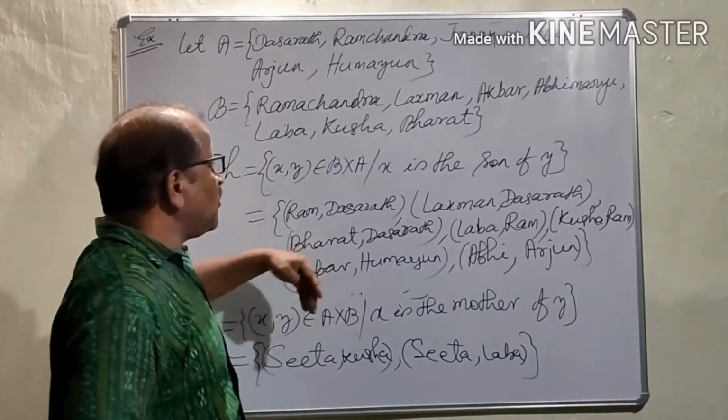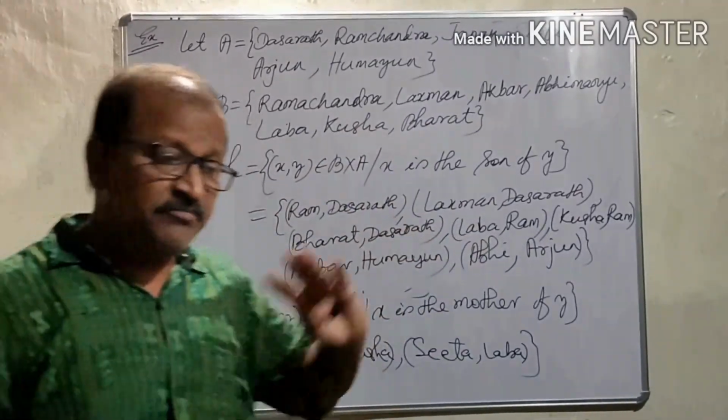So this is a relation, a many-one relation. It is from B to A.